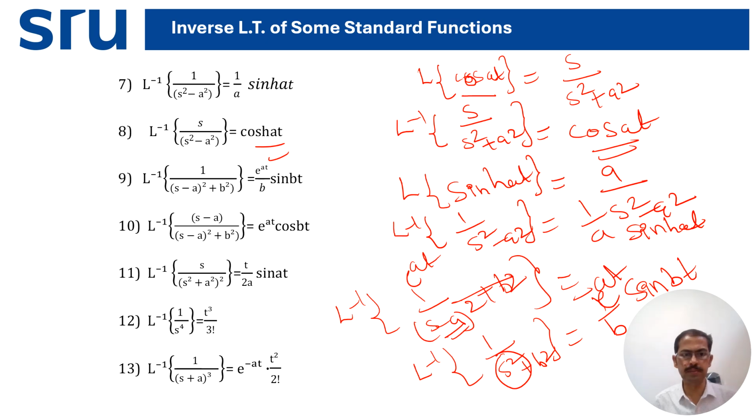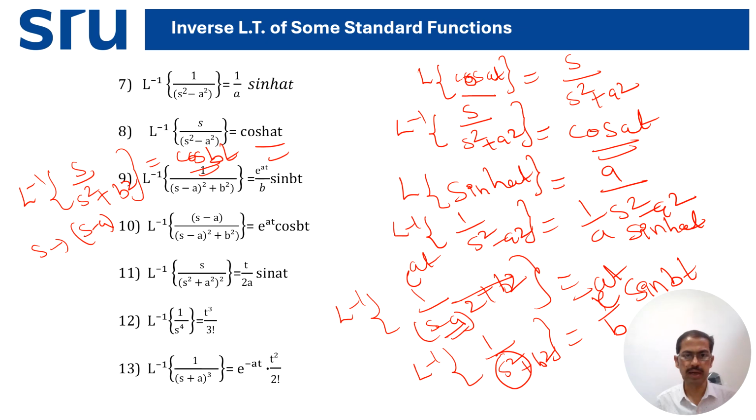Similarly, the inverse Laplace transform of s minus a by s minus a whole square plus b square. First you take the inverse Laplace transform of s by s square plus b square. This is equal to cos bt. Now in place of s, s minus a is there.